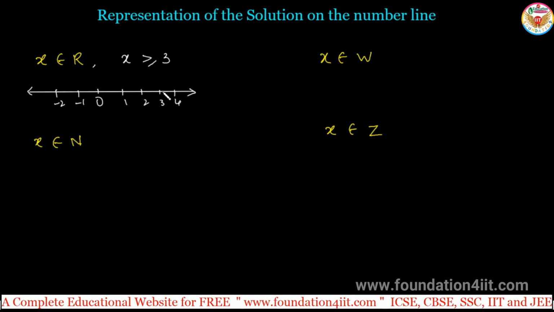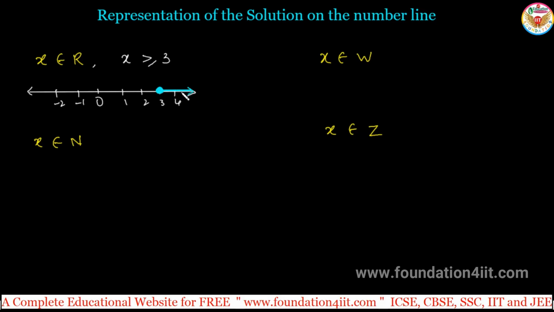From 3, all the values on the right side. 3 is included, so because 3 is included, we have to keep the darkened circle, and from here all the values towards the right side, because x value is greater than or equal to 3. From 3, all the values till this arrow, extending not only 4, 5, and so on till infinity. We have to keep it like this.